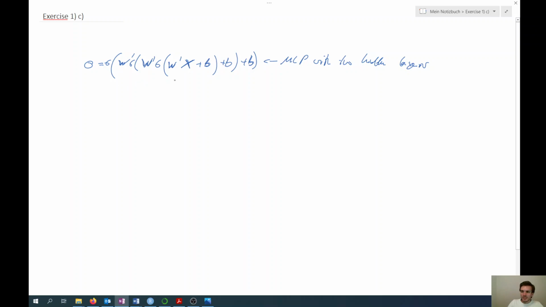Now you can see how the structure is basically onion-like, so a multi-layered structure.